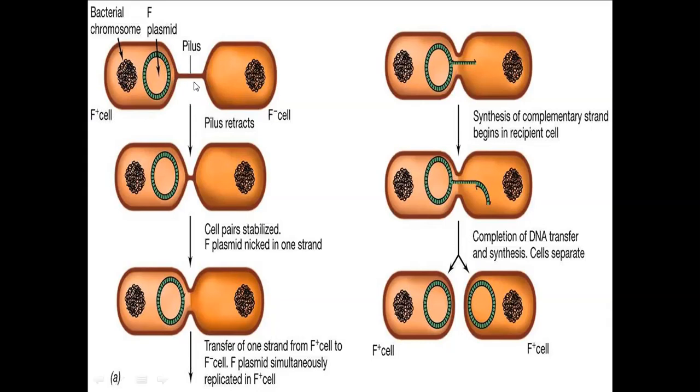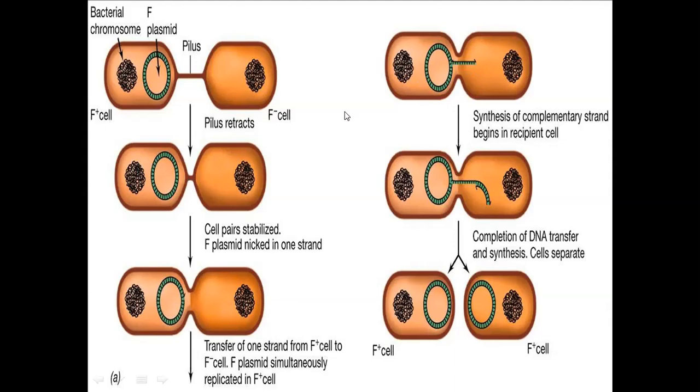Once the sex pili is formed and the pilus extends, you can see the F plasmid transferring from male to female through the temporary cytoplasmic bridge. Here is the temporary cytoplasmic bridge.